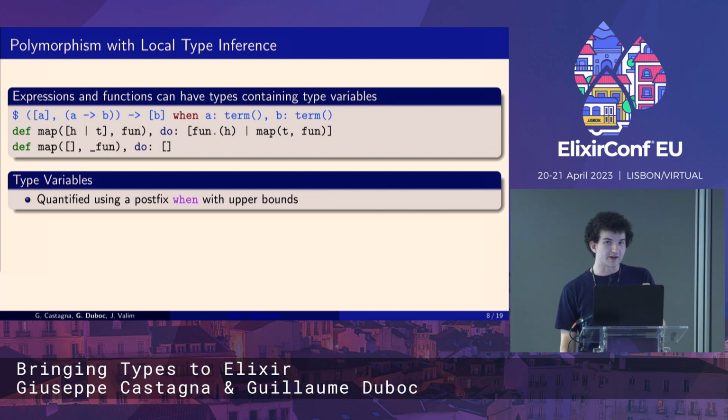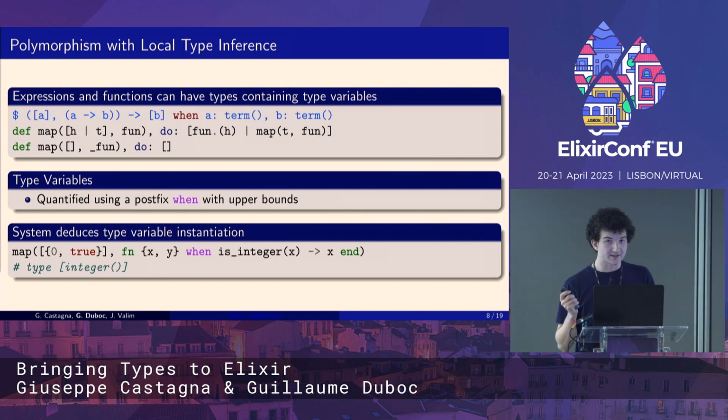And we can specify upper bounds on them. Here, the upper bound is just term, meaning that we do not restrict A, but we could write a precise upper bound if we wanted to restrict what A can be. The type system also performs local type inference, meaning that you do not have to specify what A and B are when you apply those functions.